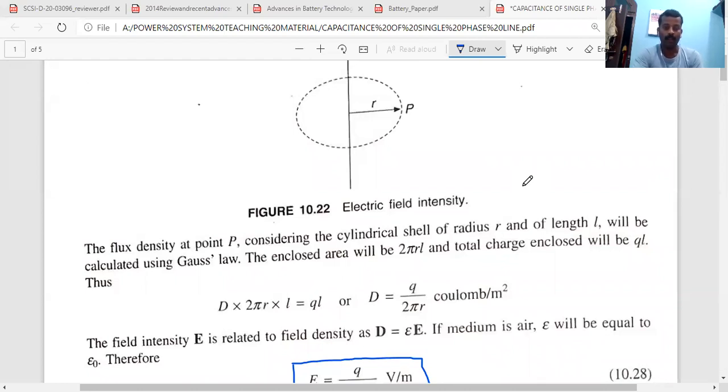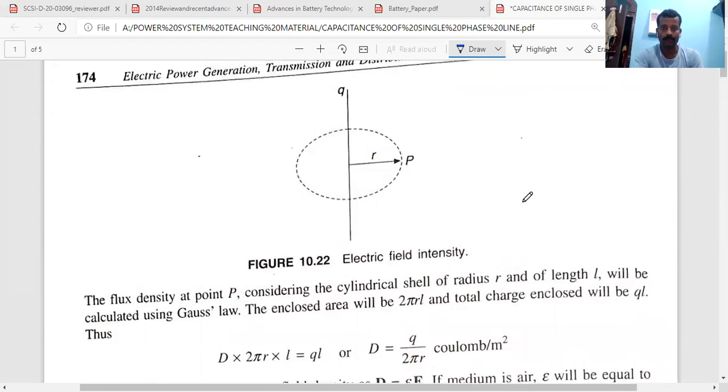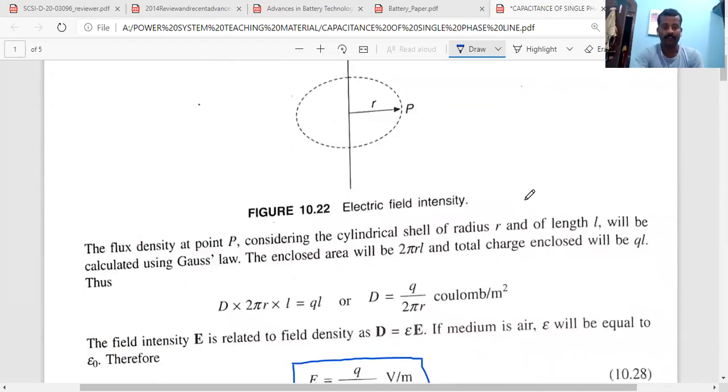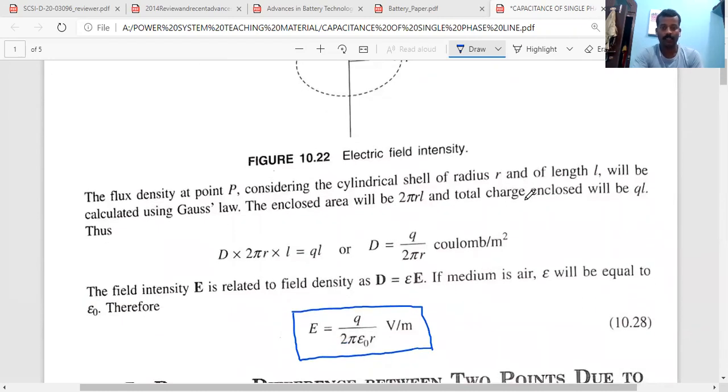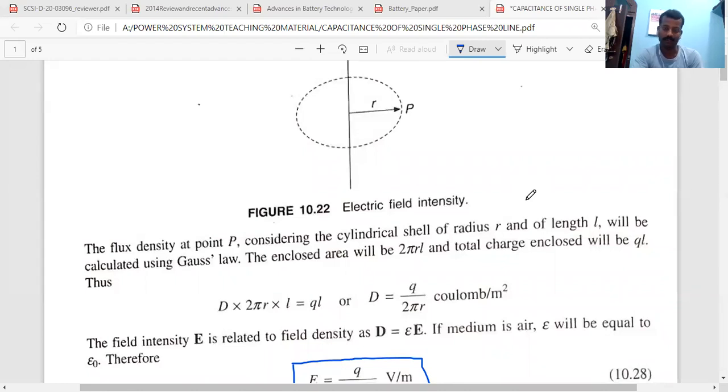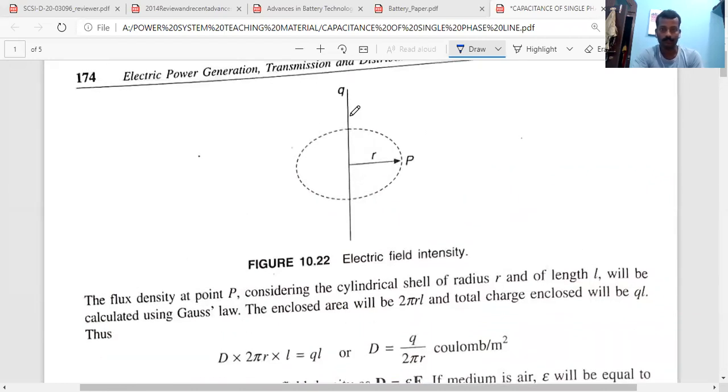Before explaining the single phase transmission line, let us consider the electric field intensity due to a line charge. Consider a wire having length L and small radius r.